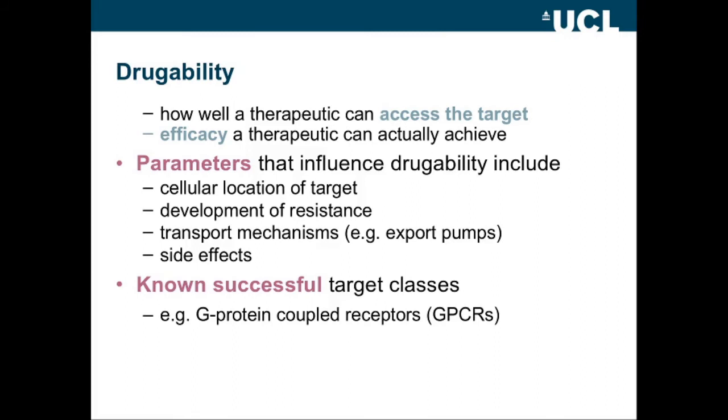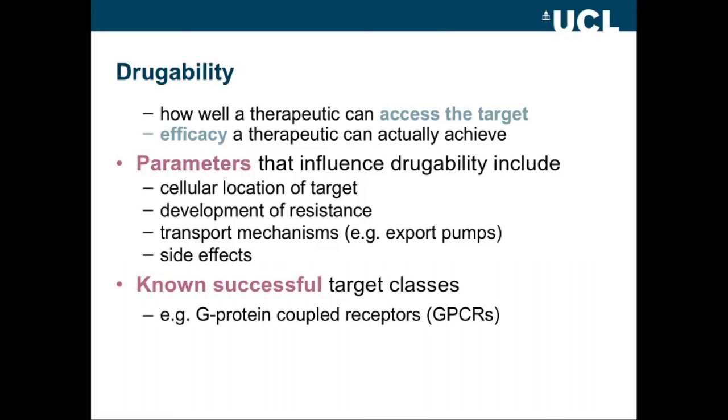Thirdly, transport mechanisms, and this includes things like transport of oral drugs across the gut, but also when we're talking about intracellular targets, it refers to import and export pumps that may bring the drug into the cell or remove it from the cell.